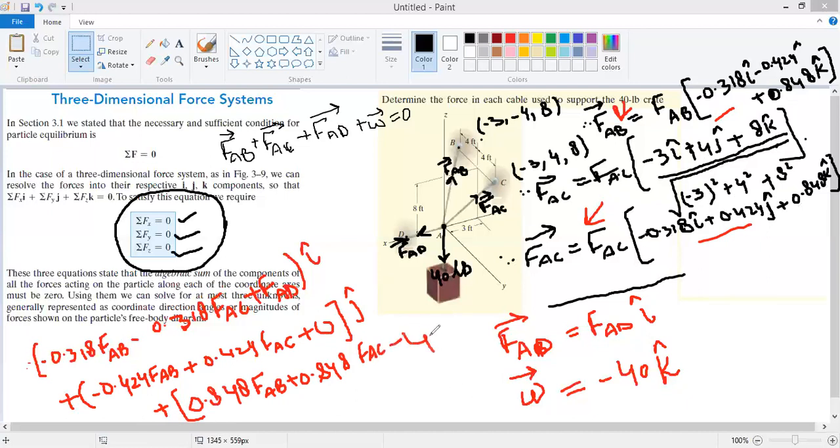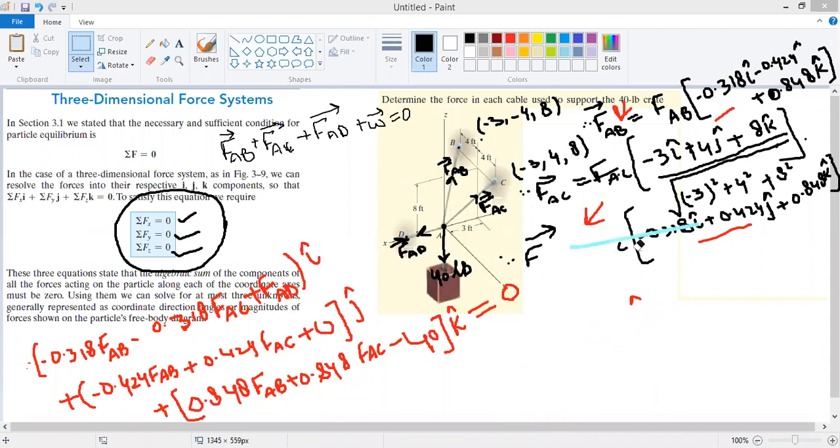So this is minus 40, and all these are components along the z-axis. For equilibrium, the summation has to be equal to 0. Therefore, this is the equation for equilibrium along three dimensions.